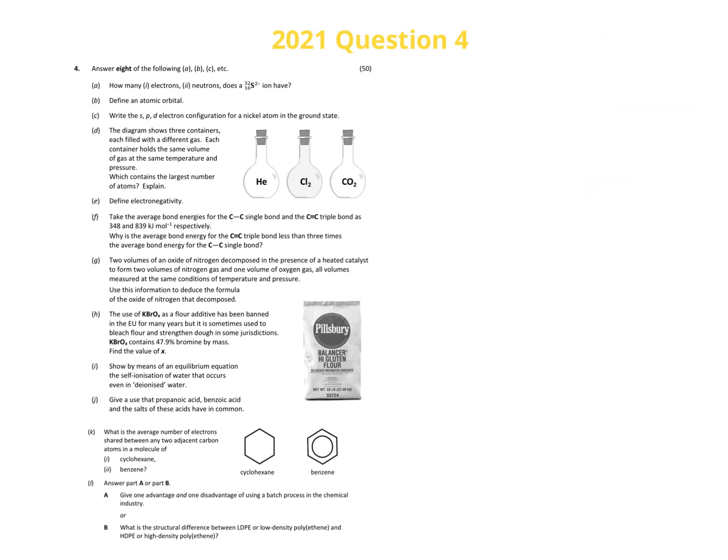So moving on to part I. Part I asks you to show by means of an equilibrium equation the self-ionization of water that occurs even in deionized water. So we want to basically look at how water can self-ionize. So with this, you're looking at H2O, and if it self-ionizes, it will go and form H+ and OH-.